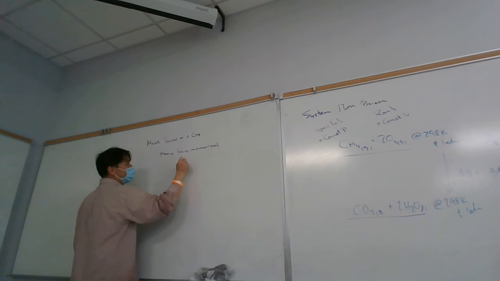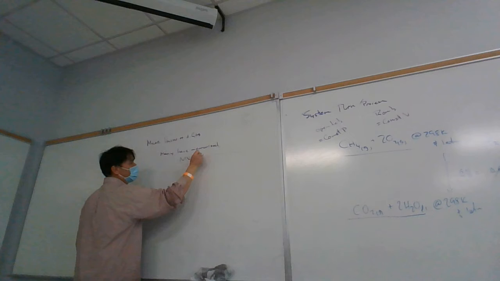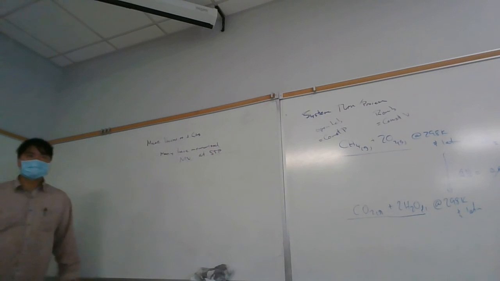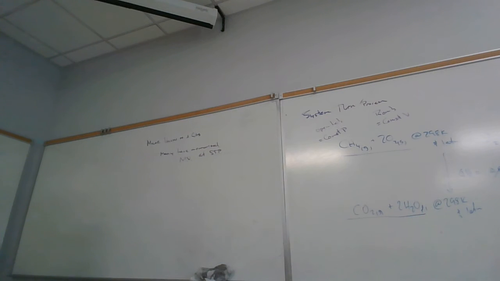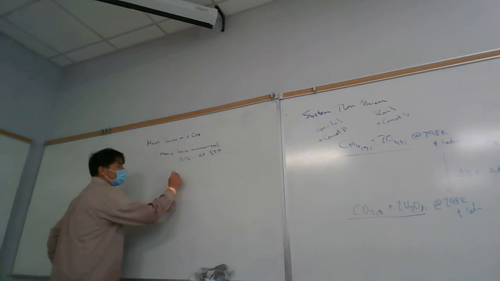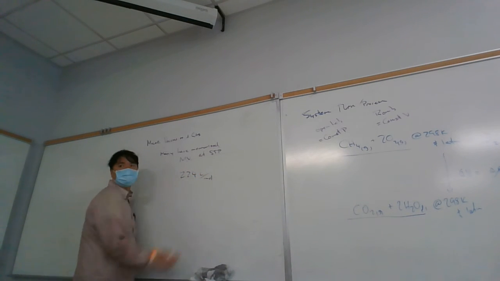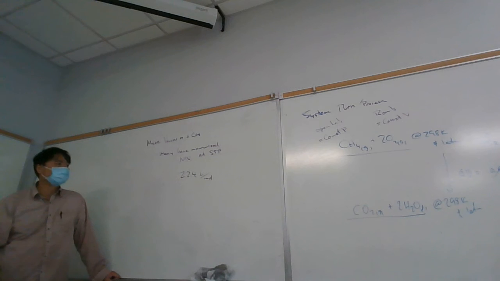the molar volume at STP, standard temperature and pressure. Standard temperature is 0 degrees C or 273 Kelvin. Pressure is 1 atmosphere or 1 bar. And they had 22.4 liters per mole. Have you heard of that number? Maybe. And so this means a mole of gas at STP occupies 22.4 liters.